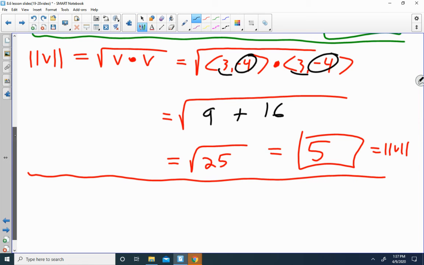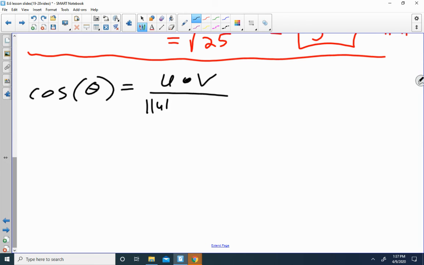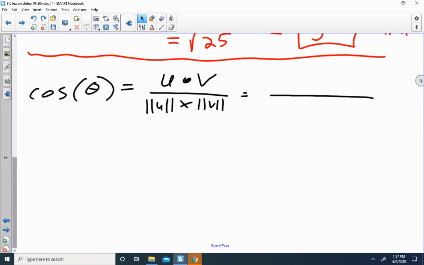Now we can plug them into the cosine formula, where cosine of theta is equal to the dot product of u and v, divided by the magnitude of u times the magnitude of v. And the dot product of u and v, we ended up getting 27 for this part.